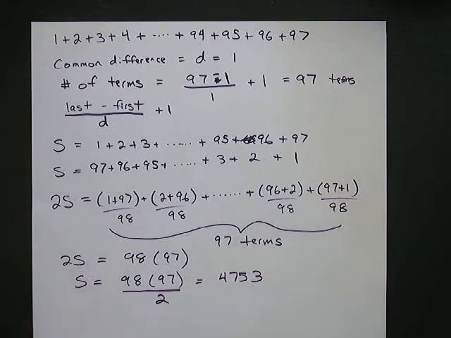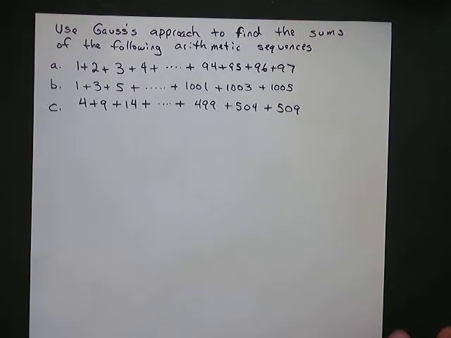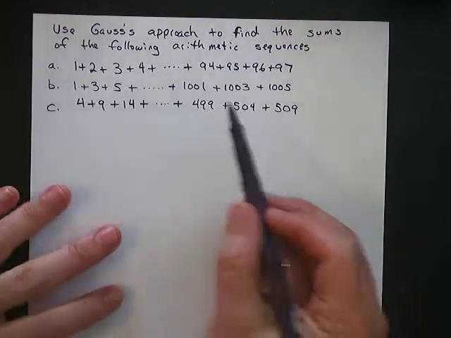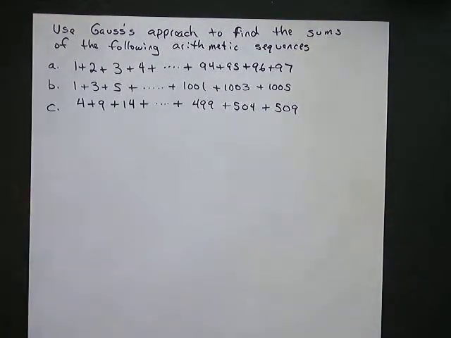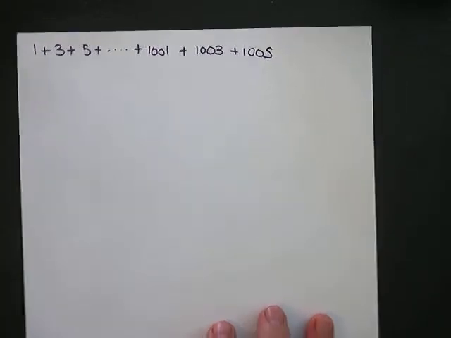Okay, now let's take a look at the next problem. The next problem we have is 1 plus 3 plus 5 plus, and then 1001, 1003, 1005. All right, so we're going to go through the same exact process that we just did.